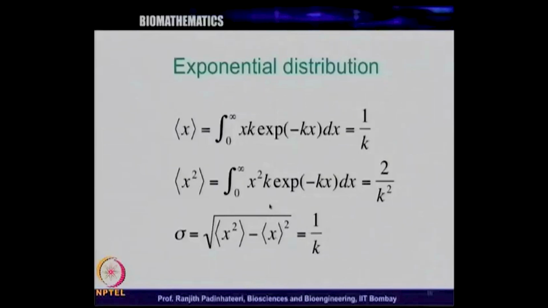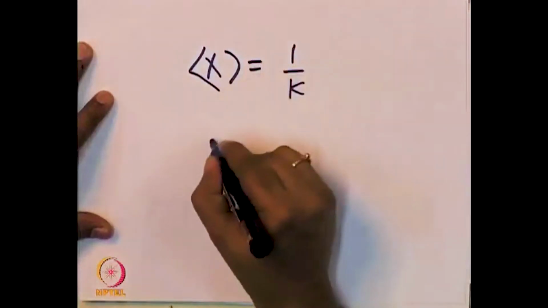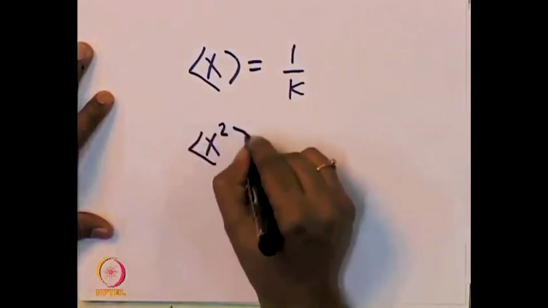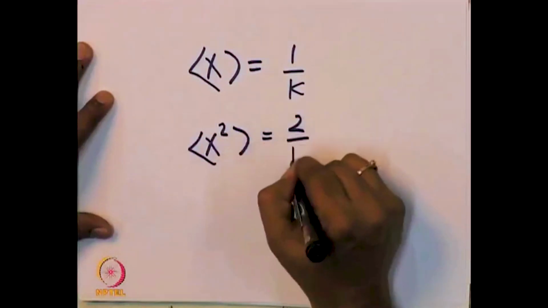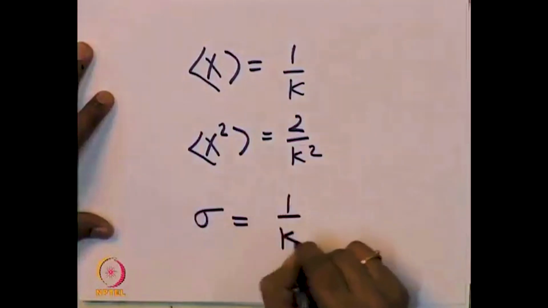So if you look at here, we have x average 1 over k, x square average 2 over k squared, standard deviation 1 over k.